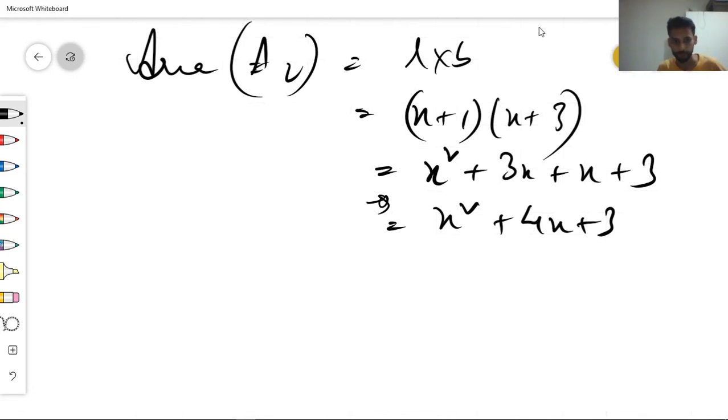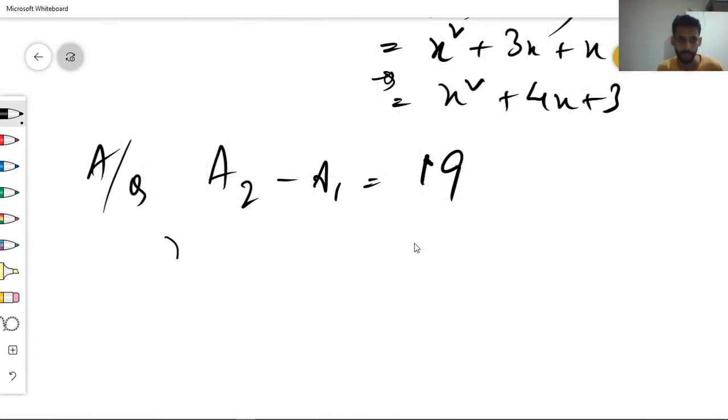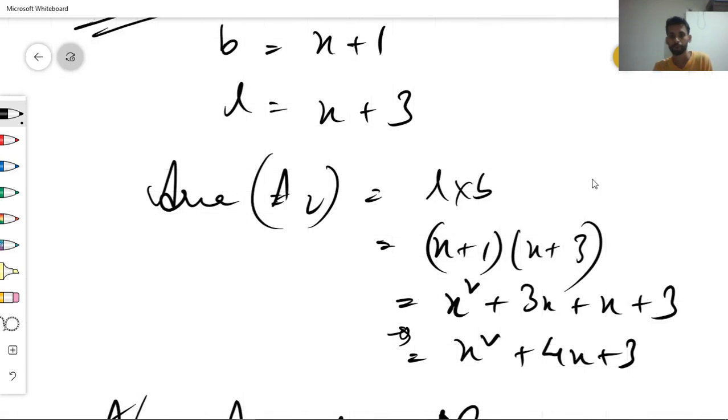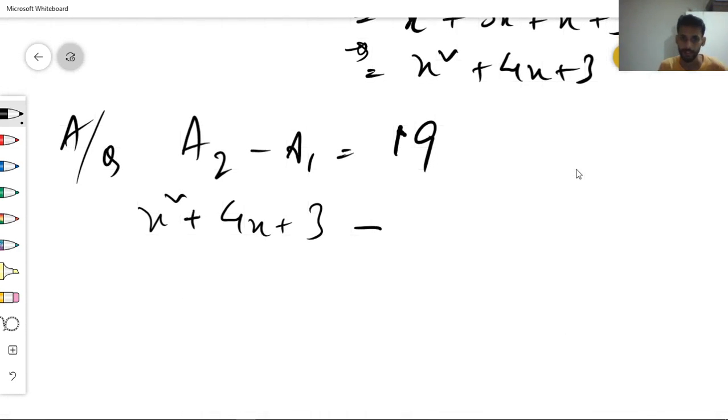Okay, now according to the question, what is given is the area will be 19 square meters more than the present area. So according to the question, A2 minus A1 will be 19. So A2 value is x square plus 4x plus 3, and A1 is x square, equal to 19.